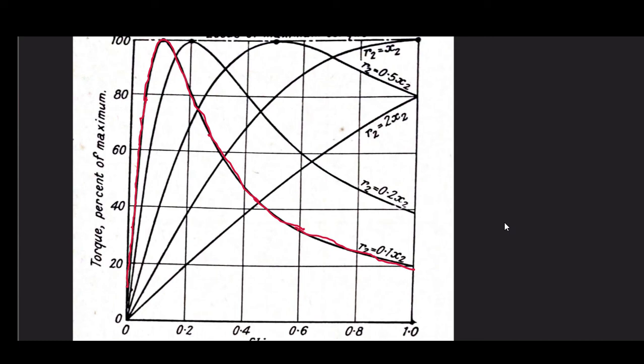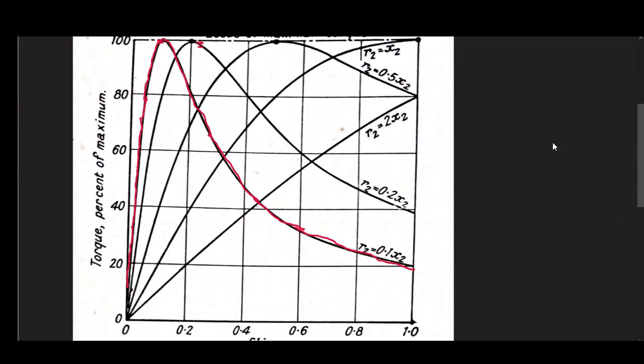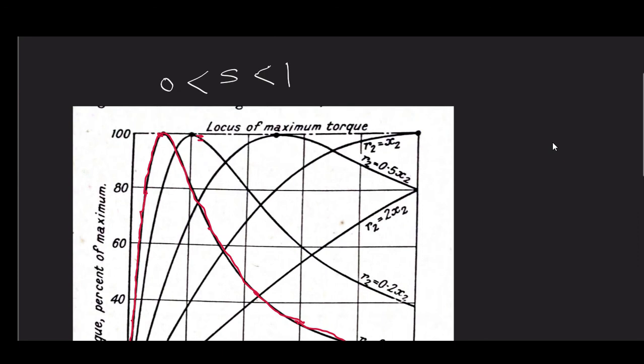Interestingly, the smaller we take the value of R2, we'll have a squished curve. These points are the points of maximum torque. This diagram I have taken from the book of M.G. Say. You can see that all these are the points of maximum torque.